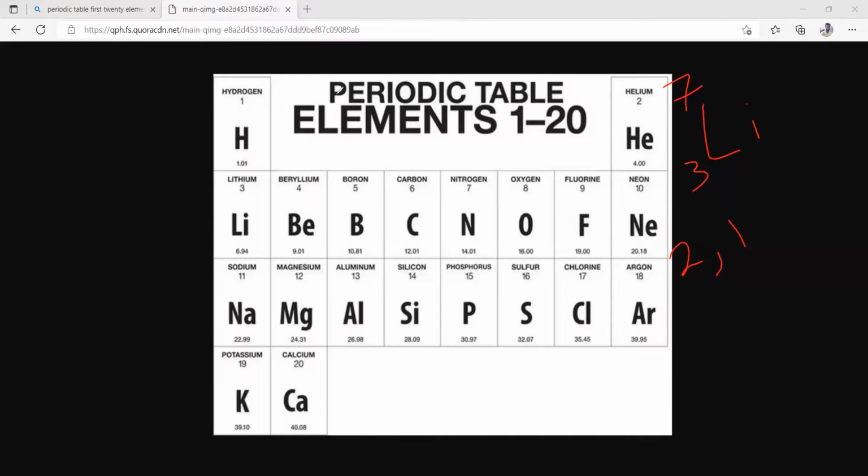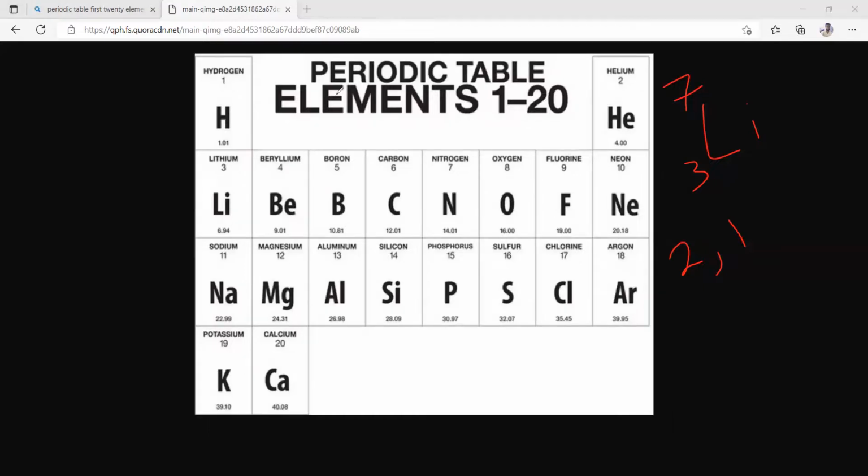Right. Okay. If you know how to write the electronic configuration, then you must identify the group and the period. The last number of electrons represents the group. So lithium is in the first group.